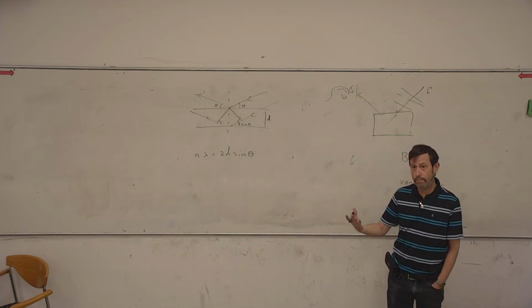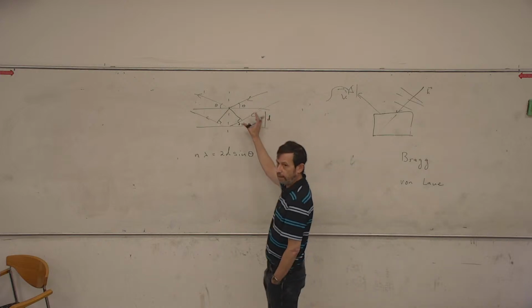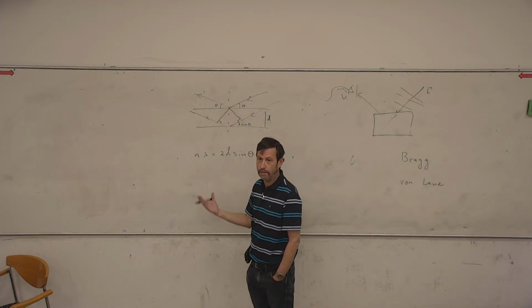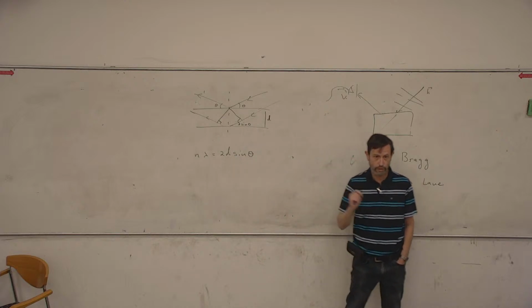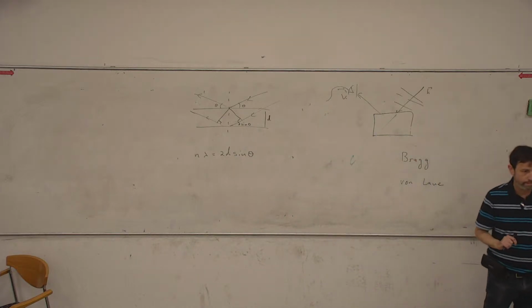So I do an experiment, let's say rotate it at different angles, and get the plane structure of the lattice.